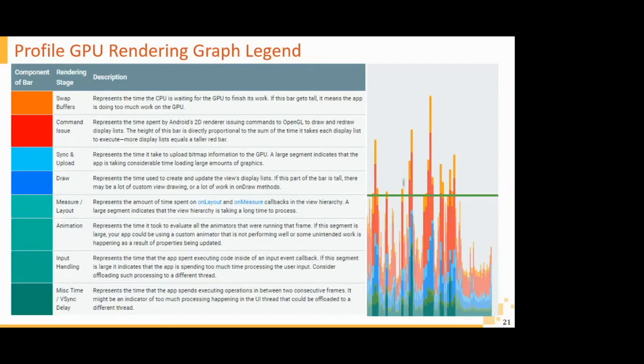So for each screen to load, the timings should be measured against this green color line whatever we have. It is advisable to be below 16 milliseconds so that your performance or your screen will be at a good level of loading.